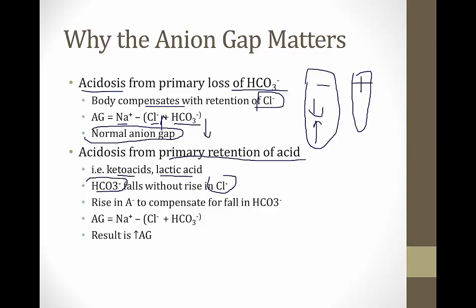Instead of chloride, you'll get a rise in some other anion related to the acid to compensate for the fall in bicarb. So since the anion gap is sodium minus chloride plus bicarb, in these acid-base problems, the bicarb falls, but the chloride does not rise. Therefore, you get an increase in the anion gap. So the anion gap splits metabolic acidosis cases into two distinct groups with these different etiologies.